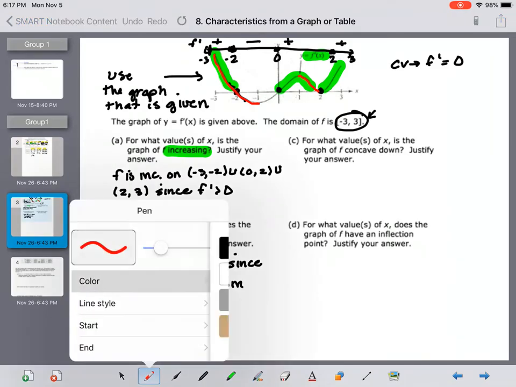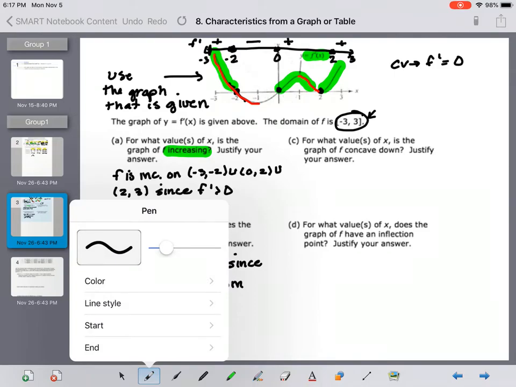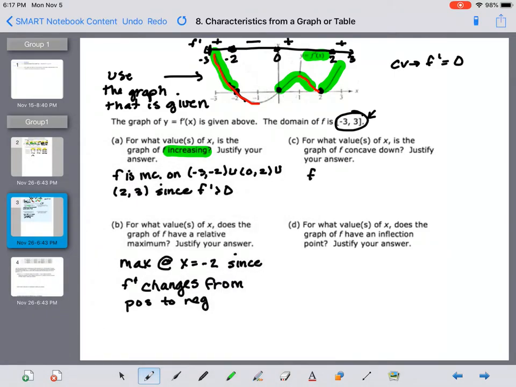So if I want to write that out, I could say that f is concave down on the interval from -3 all the way up till -1, where my red line stopped, union, and then from 1 to 2.